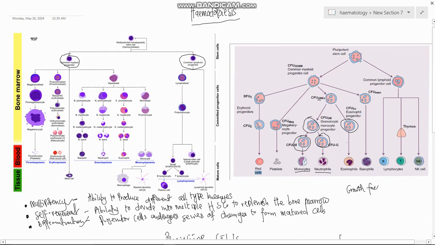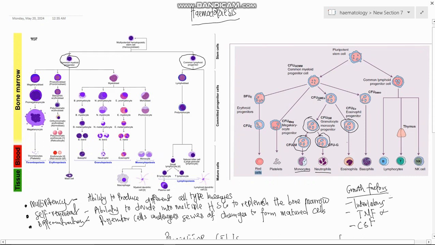Growth factors. So among the growth factors we may have the interleukins, we have the tumor necrosis factors, that is, we can talk about the alpha, etc. We also have colony stimulating factors.